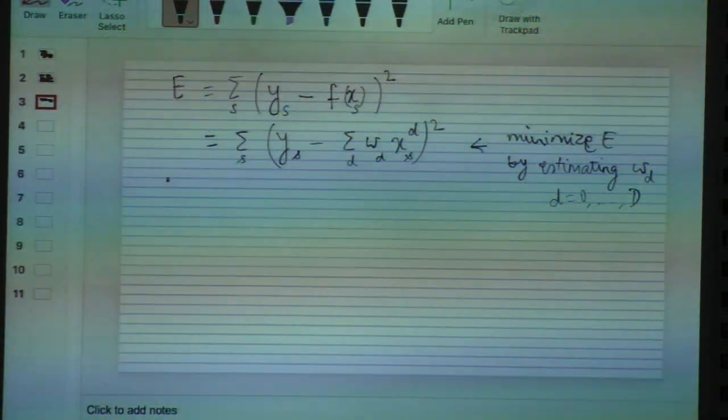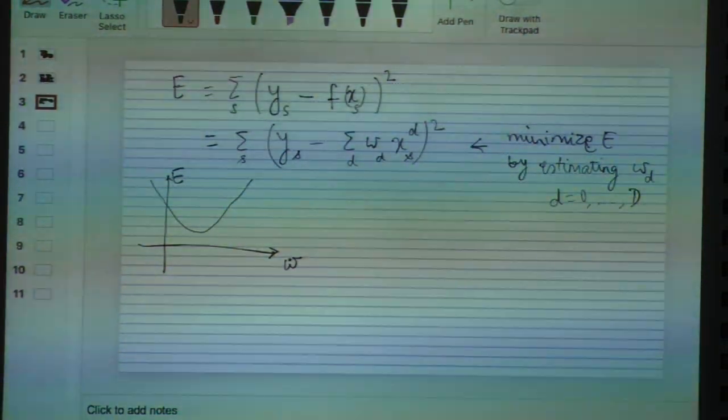Okay, let me draw a function. So this is a function. This is my E, and this is my W. Any W, it can be W0, W1, whatever. So I want to find the best W, which is this one.